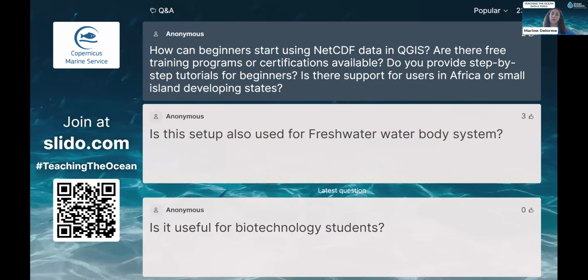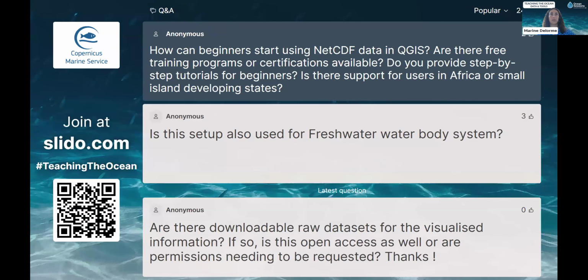And if you go through the e-learning materials section on the website, you will find some QGIS tutorials. We're always open to learn about your specific needs in terms of topics for tutorials to develop. So don't hesitate to let us know in the survey if there is any topic in particular that you'd like to see in these tutorials.